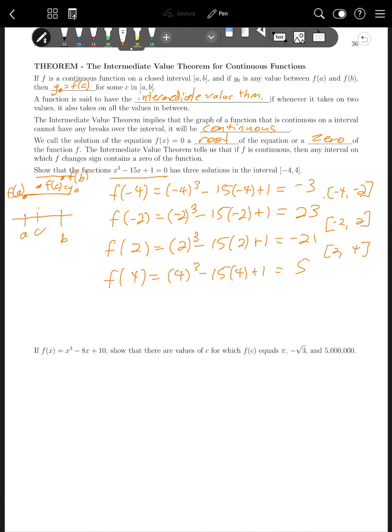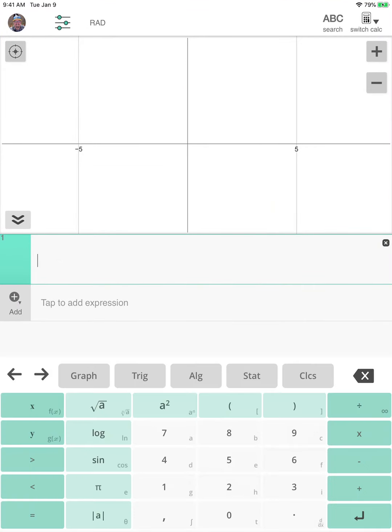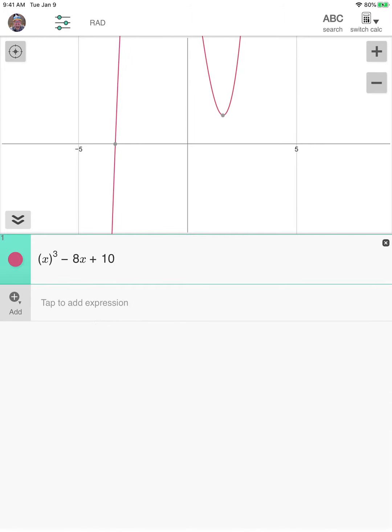Okay, so for example, we could start out, if I just graph this, x cubed minus 8x plus 10. Okay, so for example, if I wanted to start with -√3, here's a point where the value of the function is 0.